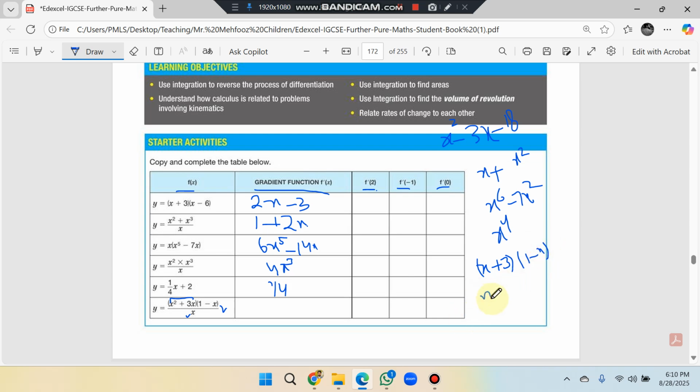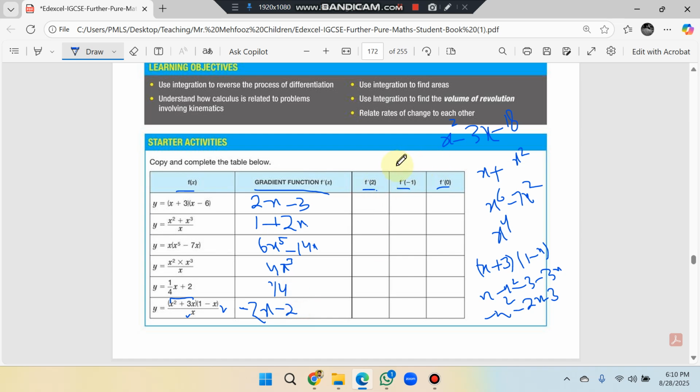The answer will be x minus x square minus 3 and minus 3x. So it becomes minus x square minus 2x minus 3. When we take the derivative, it becomes minus 2x minus 2, right?